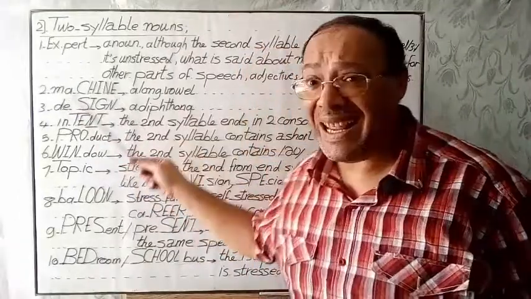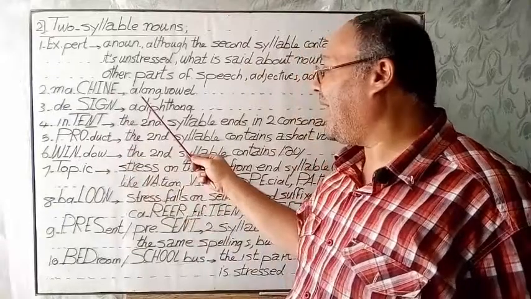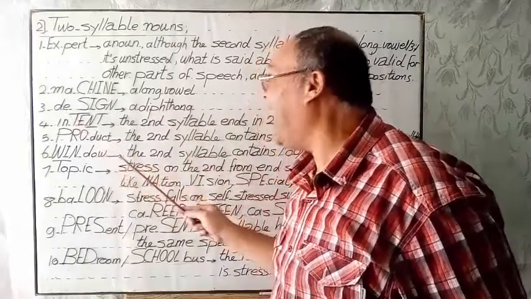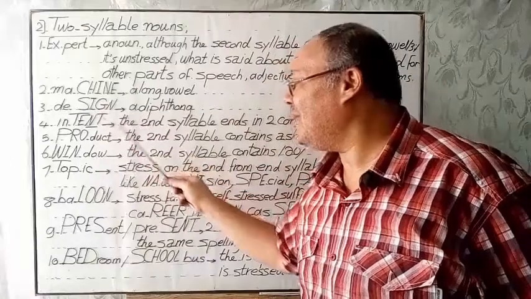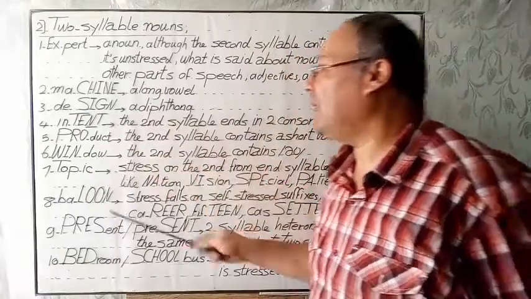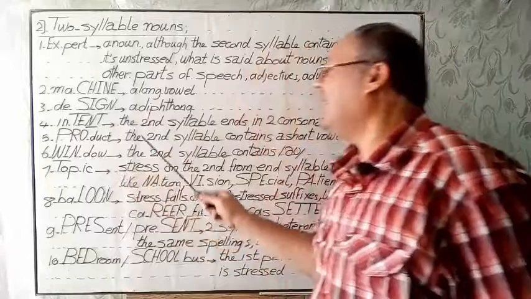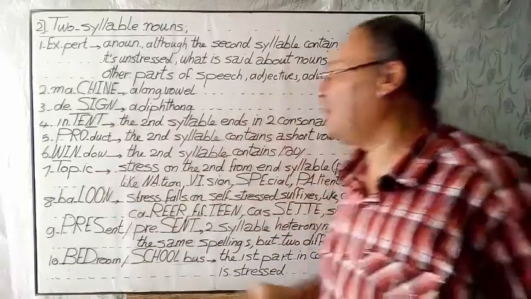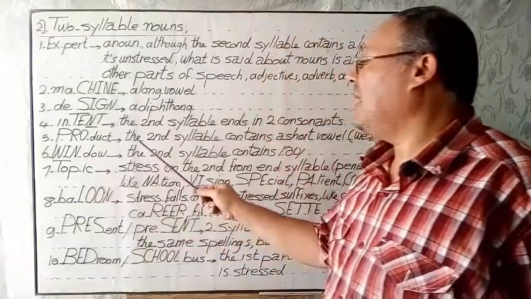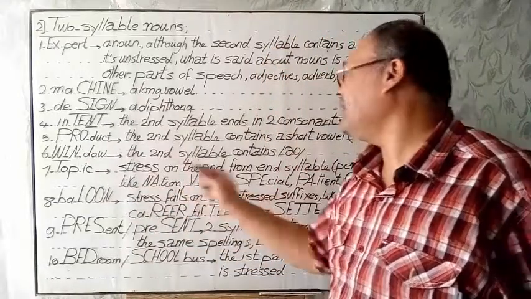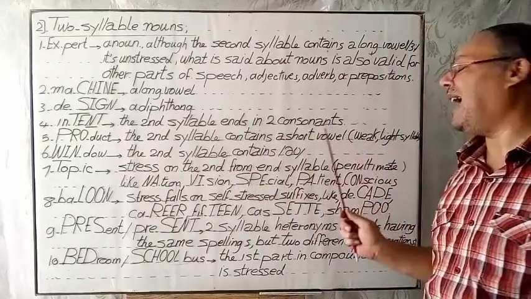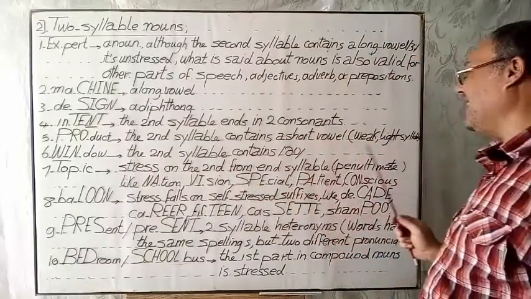Machine: the second syllable contains a long vowel. Design: the second syllable contains a diphthong. Intent: the second syllable ends in two consonants. Product: the second syllable contains a short vowel. It's a weak or light syllable.